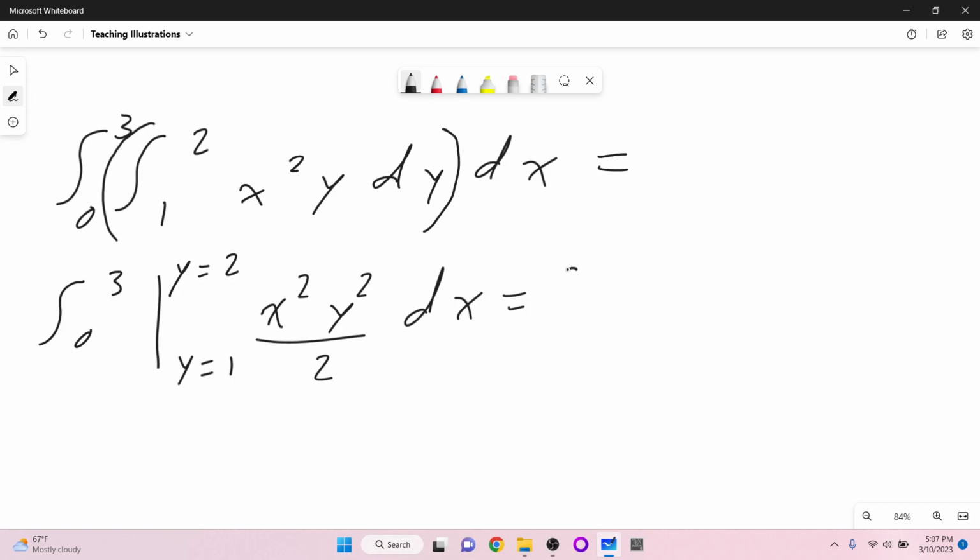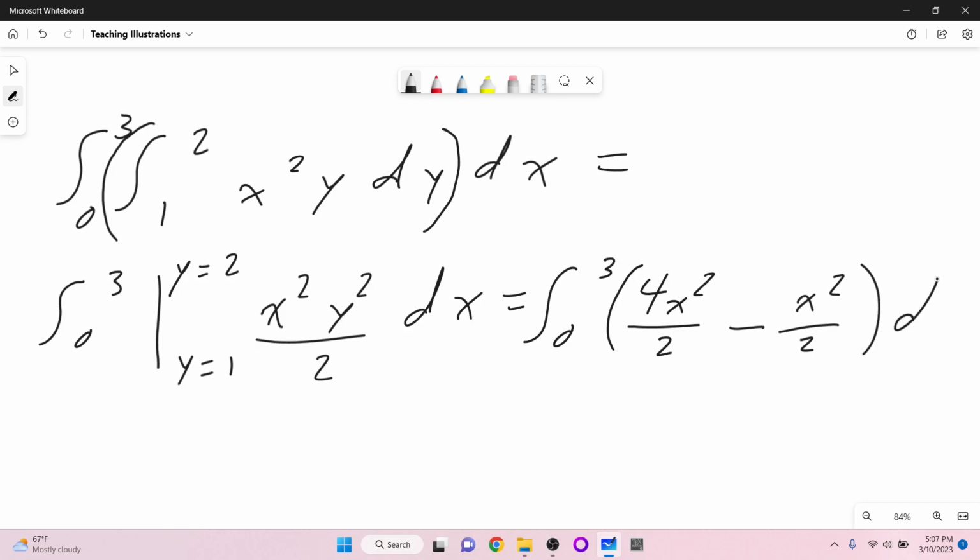So now this becomes the integral from 0 to 3 of, let's plug in 2 for y, so it'll give us 2 squared is 4, x squared over 2, minus, now we plug in 1 for y, x squared over 2, dx, which becomes, okay, 0 to 3 of, I guess that would be 3 halves x squared dx.